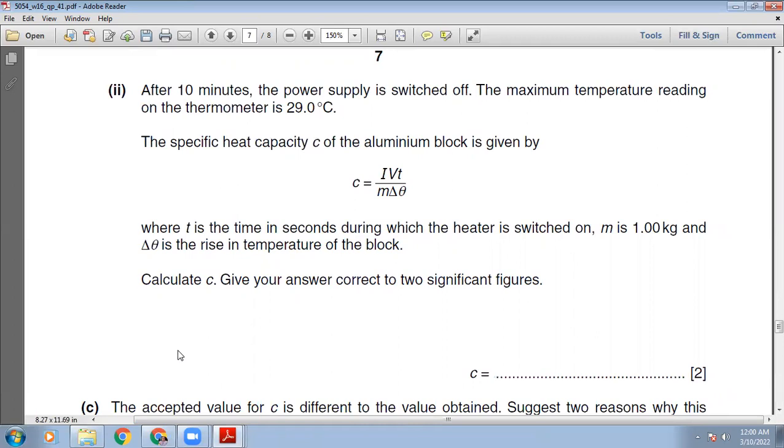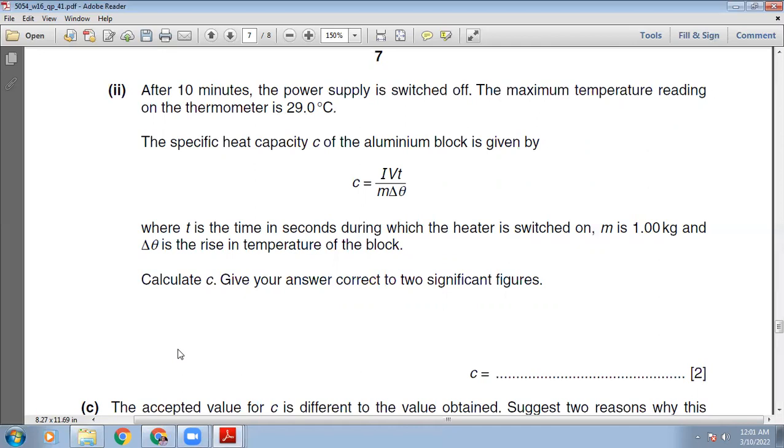The specific heat capacity c of the aluminum block is given by c equals IVt divided by m delta theta, where t is the time in seconds during which the heater is switched on, m is 1 kg, and delta theta is the rise in the temperature of the block. Calculate the specific heat capacity, small c, give your answer correct to two significant figures.